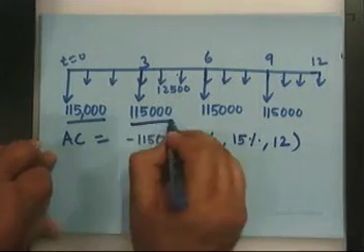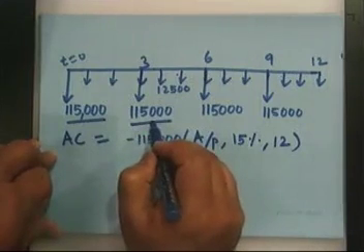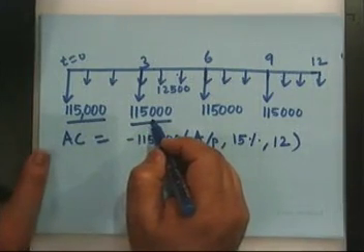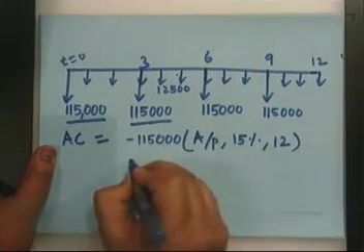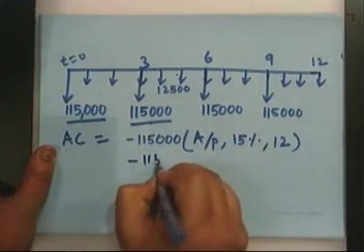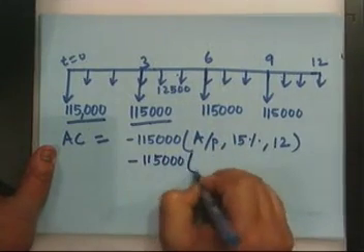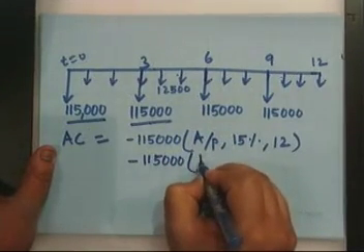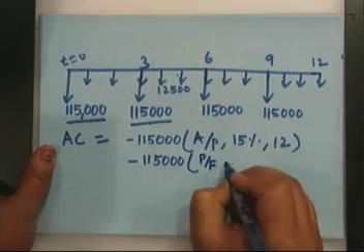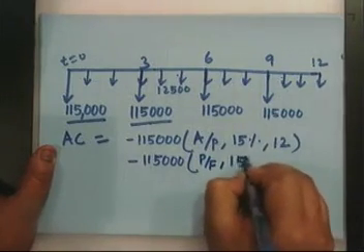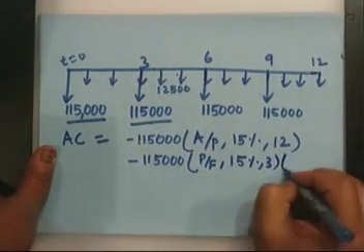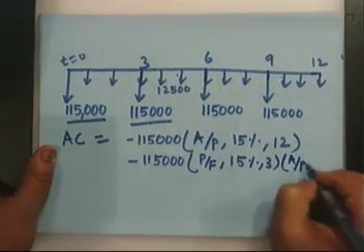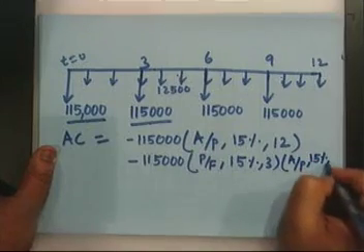For this, I will first bring it to time t is equal to 0, and then I will be annualizing it. So it would be minus 115,000, P given F, 15% year 3, n is 3, multiplied by A given P 15% 12.